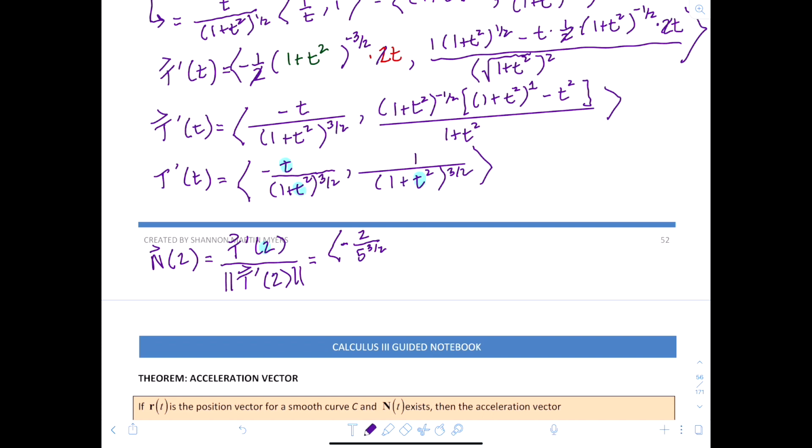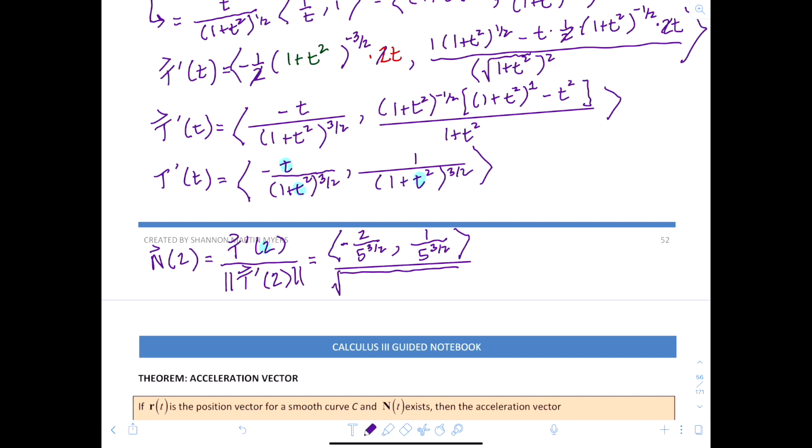And then 1 over 5 to the 3/2, all over the square root of, now I'm going to square those, right?